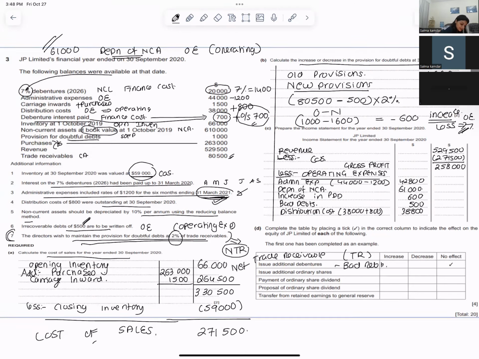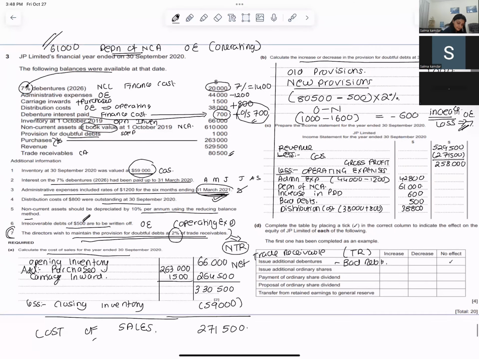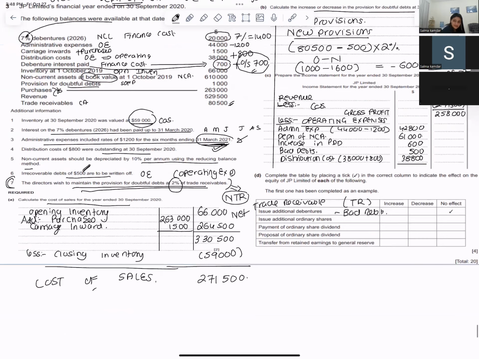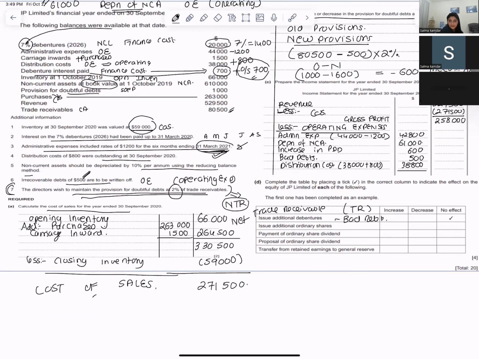What else do you have? Debenture interest is finance cost. All operating expenses done? Yes, all operating expenses done. What is the total of your operating expenses? 143,700.